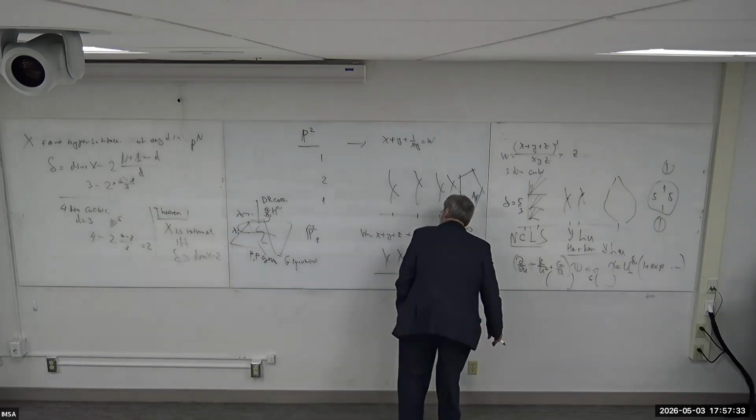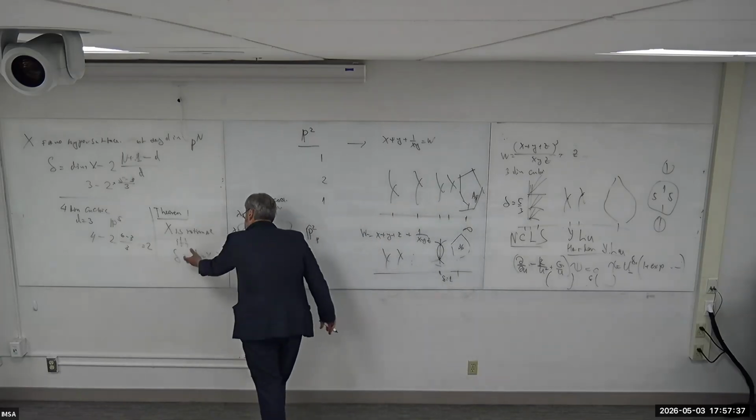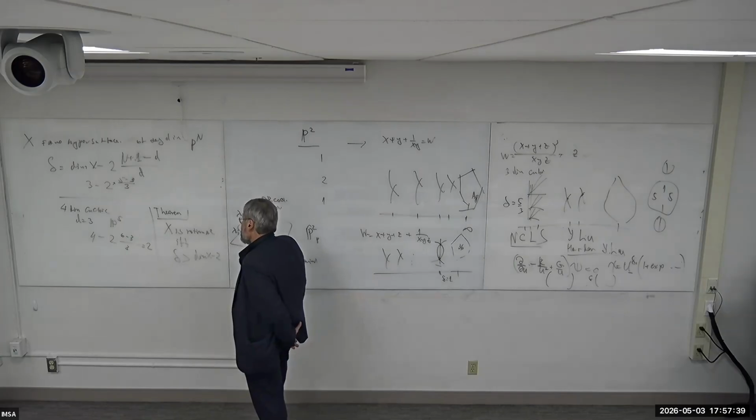So in the case of the four-dimensional cubic, this criterion doesn't quite work because delta is equal to 2.